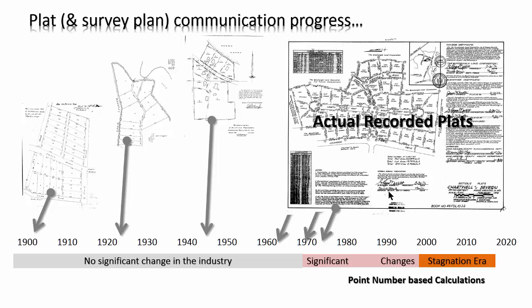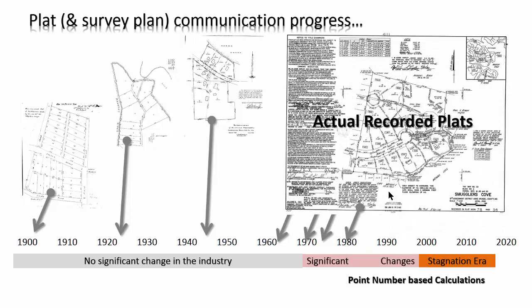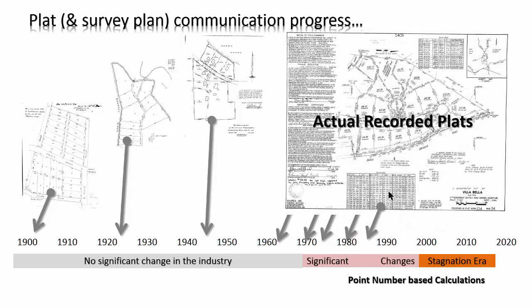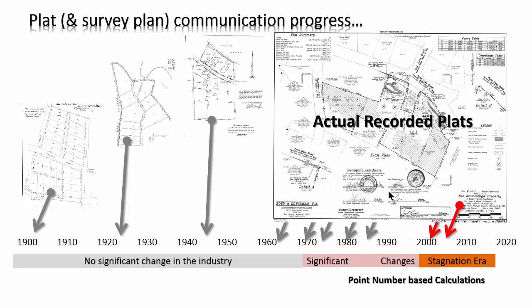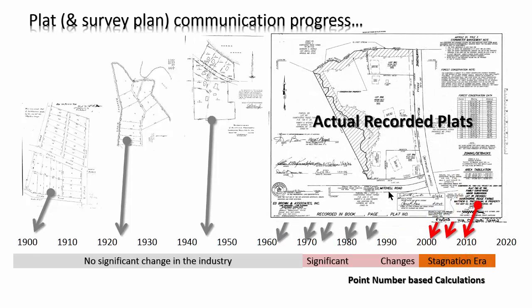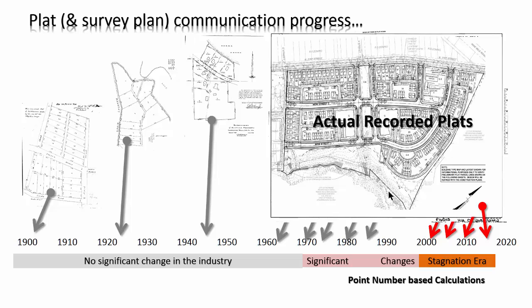So now we're into automated drafting, some hand drafting still left over by the mid-70s, but then it switches all into automated. And these are all recorded plats from these years. And so what you see is nothing has materially changed in 115 years, actually more than 115 years.